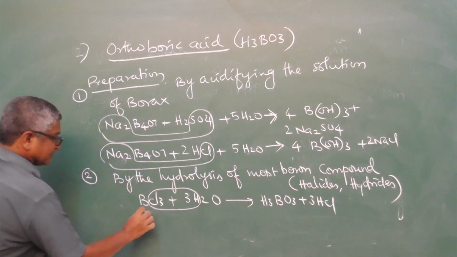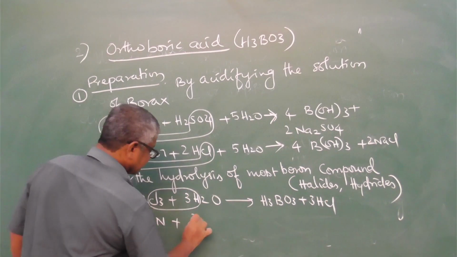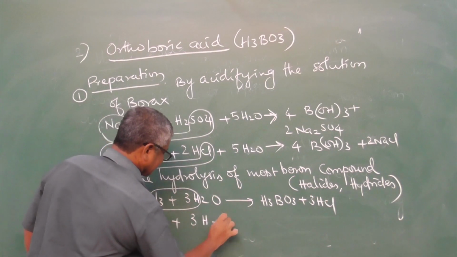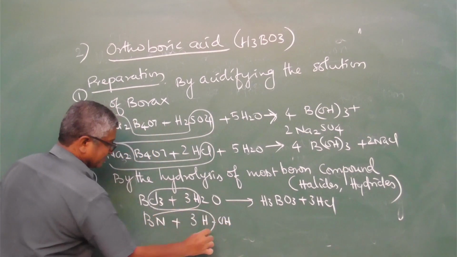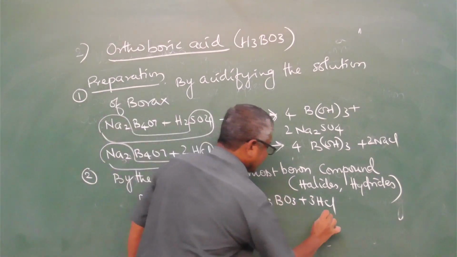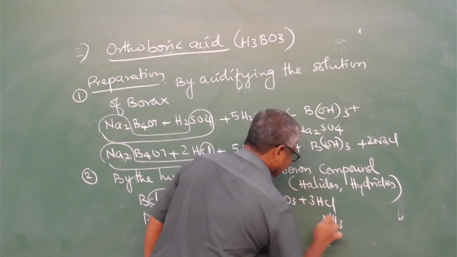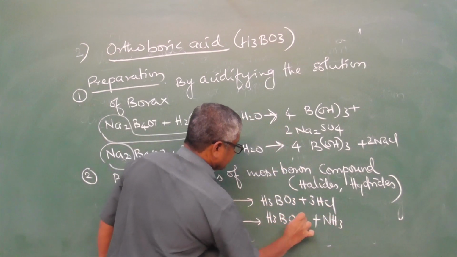Second example, boron nitride treated with HOH water molecules, nitrogen with 3 hydrogens eliminated as ammonia with the formation of boric acid.